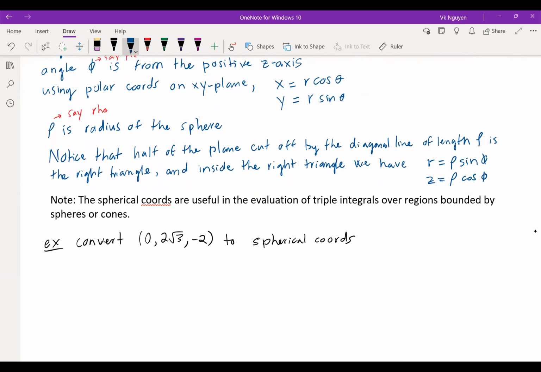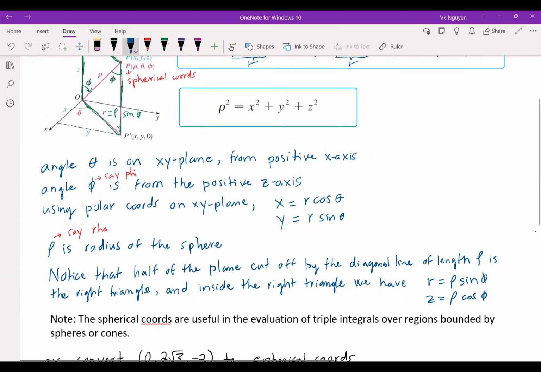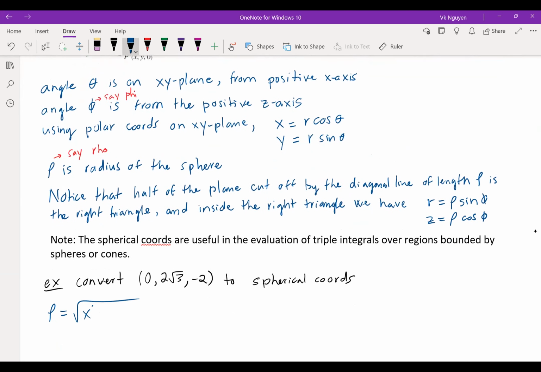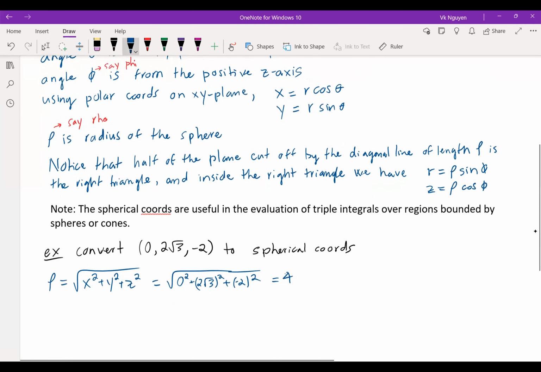So the radius rho, according to the formula here, rho is going to be root of x squared plus y squared plus z squared. Root of 0 squared plus 2 root 3 squared plus negative 2 squared, right? And this is going to be 4. Got one.